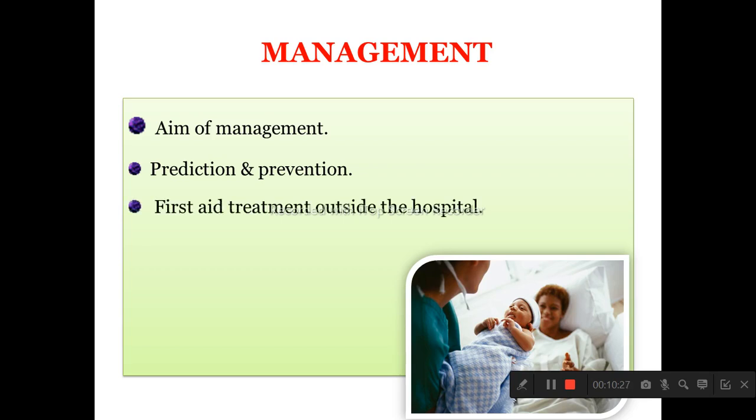First aid treatment outside the hospital. We have already discussed giving a side-lying position to drain out the secretions, and providing a safe environment so that during the seizure the patient will not harm himself or herself.